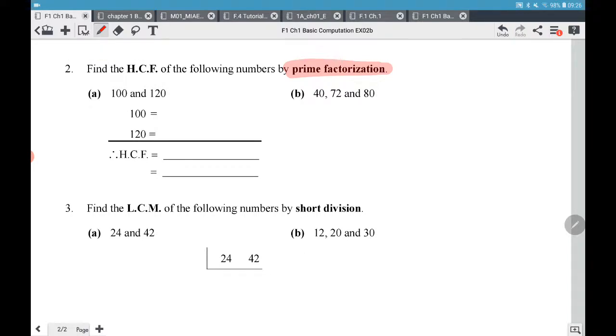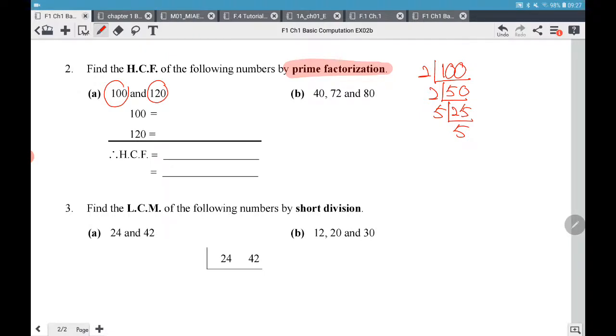Actually, we are doing the short division and then changing the numbers into index notation with all the prime factors. For example, 100 by short division. Of course, we start from 2. I say that we always start from the smallest factor. It should always be a prime factor actually. 5 and 5.